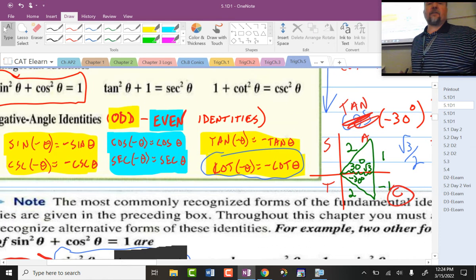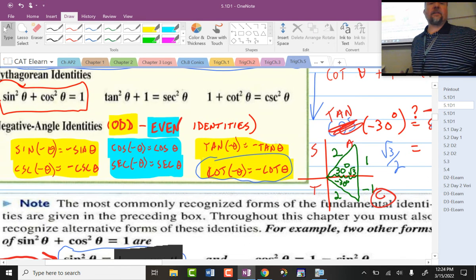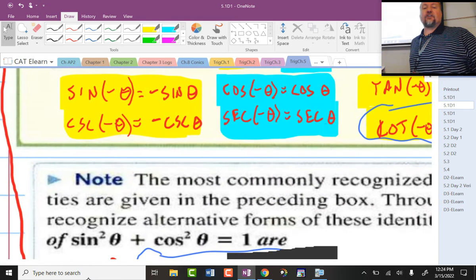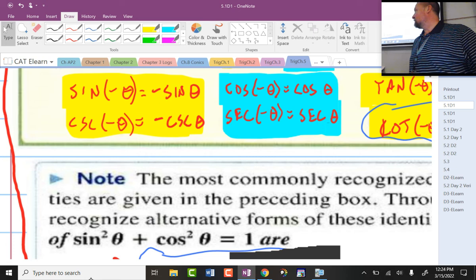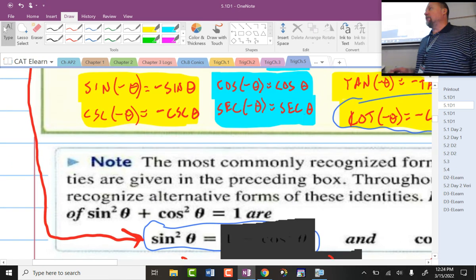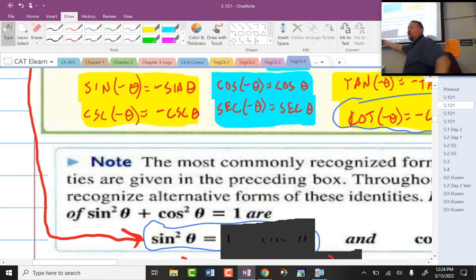Be prepared for other forms, and this is not going to show up well, but this is often a problem. This will come into tomorrow's stuff. You won't so much see this today. Do be ready for reshuffling of sine squared plus cosine squared equals 1. So what do you think sine squared should equal?